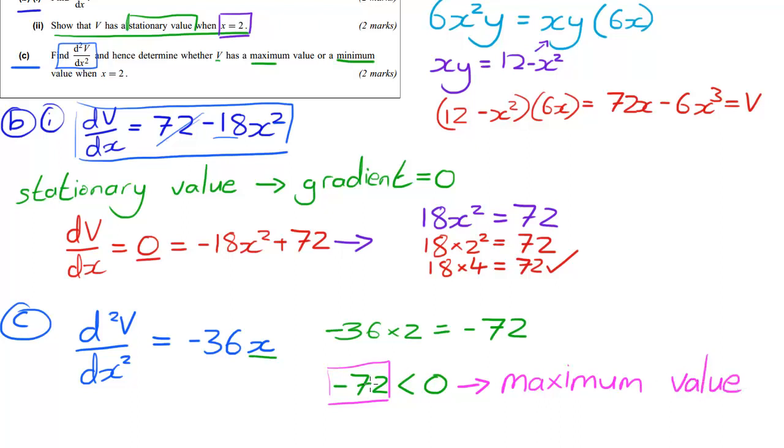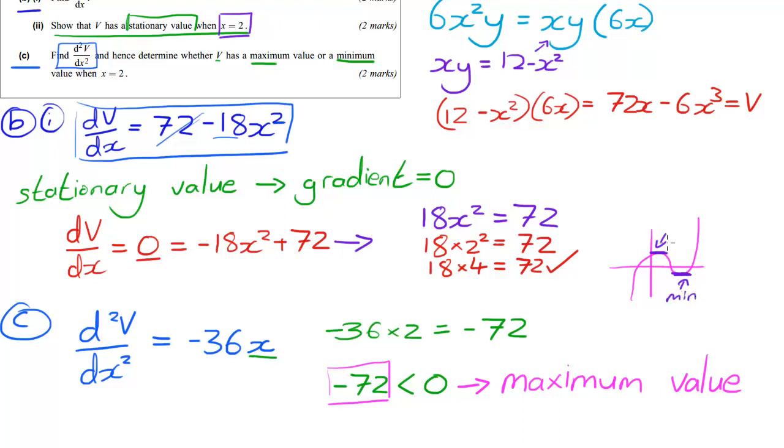You'd expect the low number to be the minimum and the high number to be the maximum. But for whatever reason, when you have a graph like this and you have 2 points like this, this is going to be one point where the gradient is 0, and this is going to be another. And on this one, this is the maximum, and then this little one, this is the minimum.